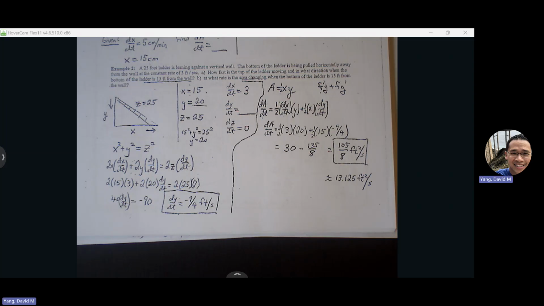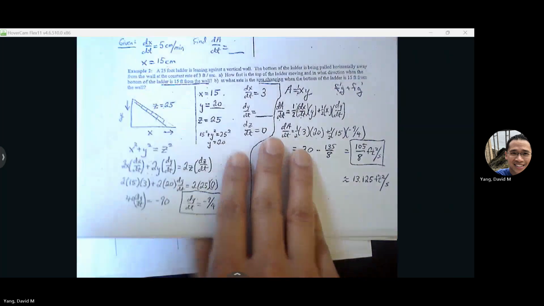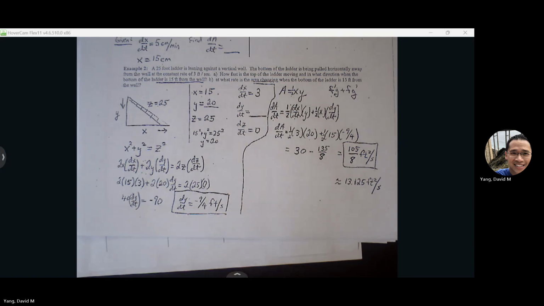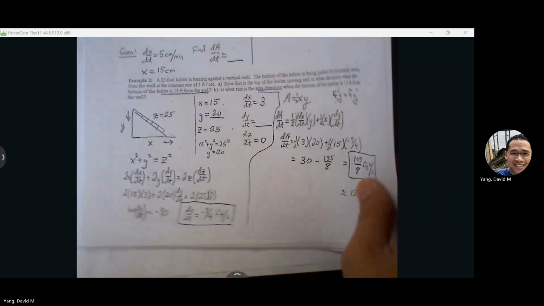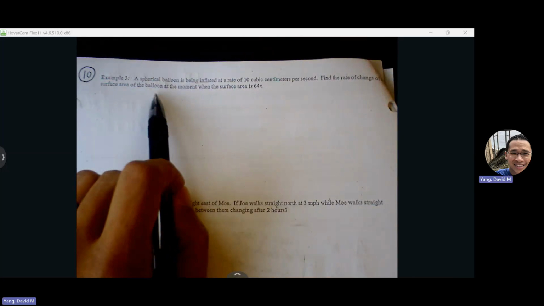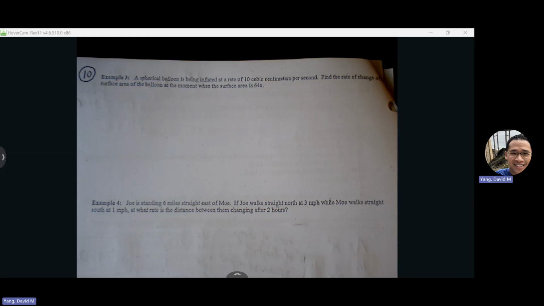All right, let's look at page 10. Okay, a spherical balloon is being inflated at a rate of 10 cubic centimeters per second.